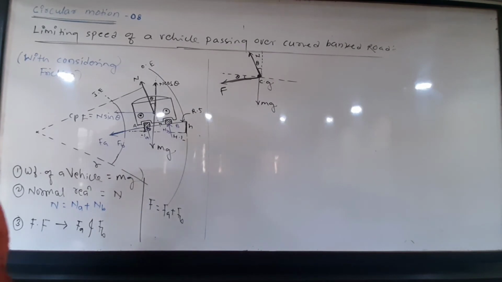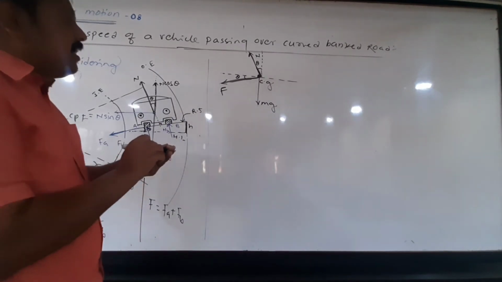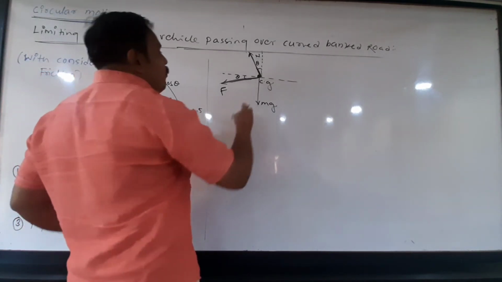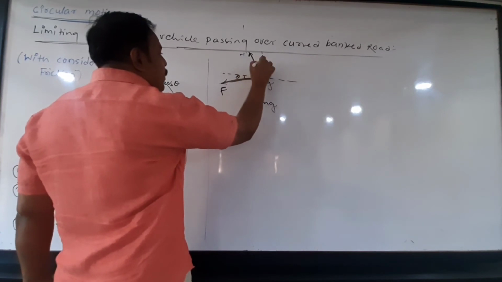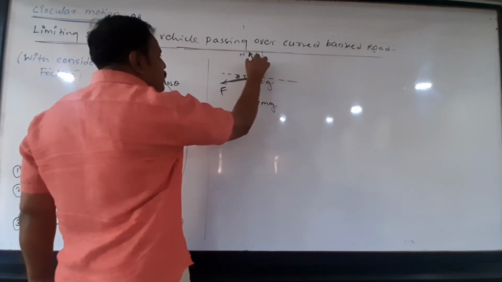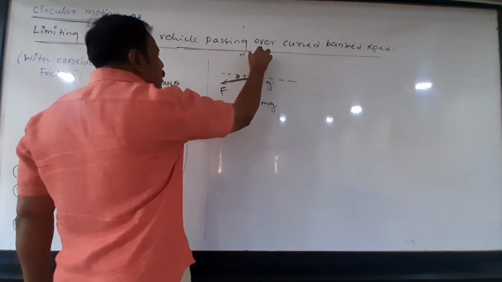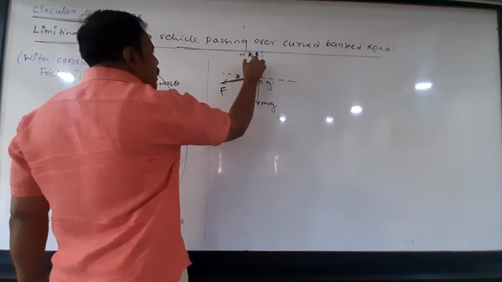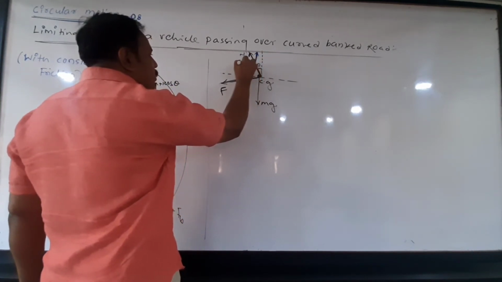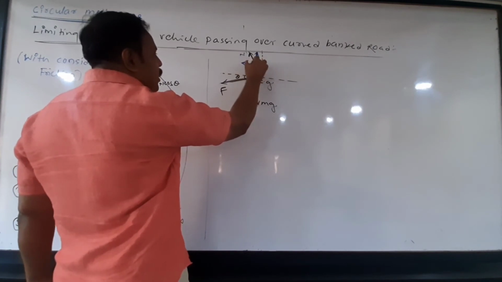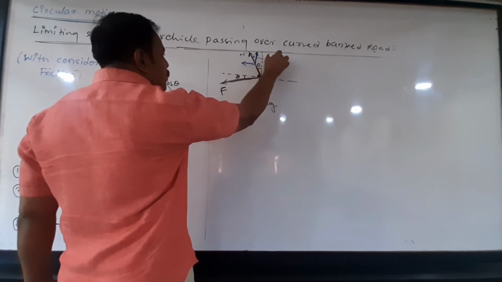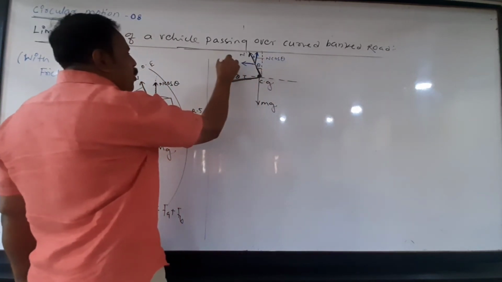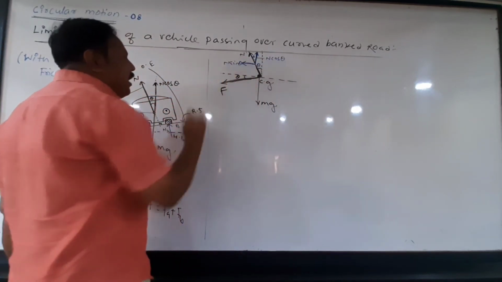If we resolve all these forces, how many components are there? For the normal reaction N, there are two components: the vertical component and the horizontal component. This is theta, so the vertical component is N cos theta and the horizontal is N sin theta.